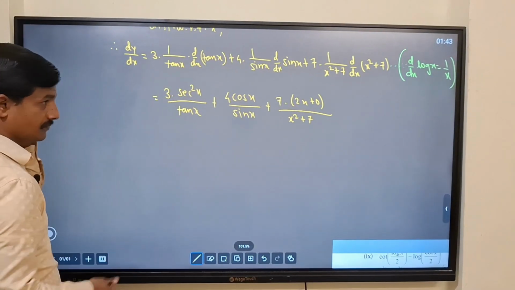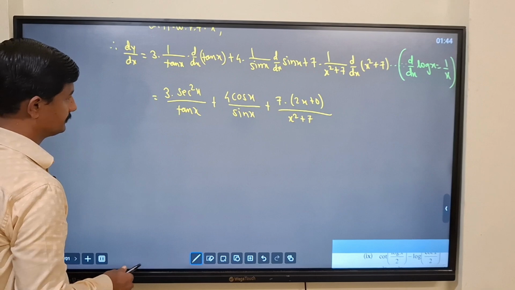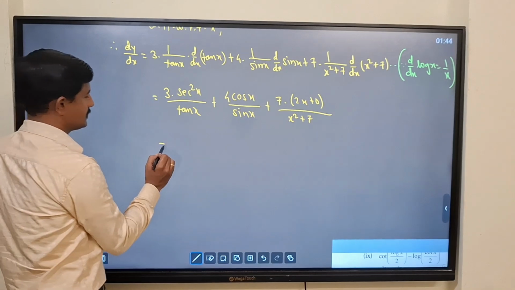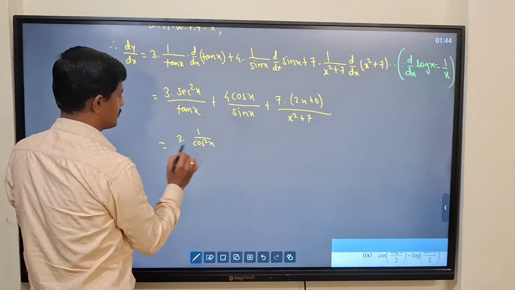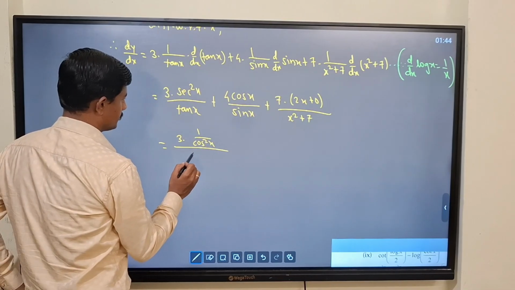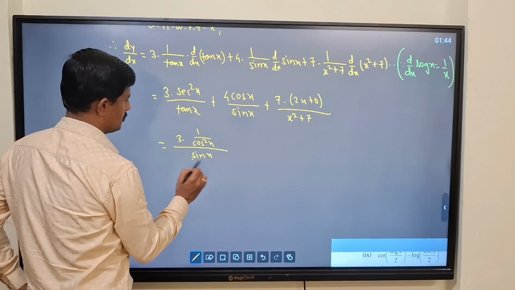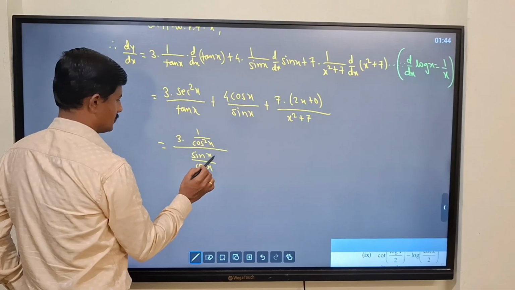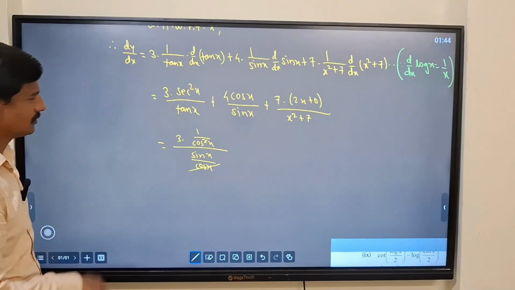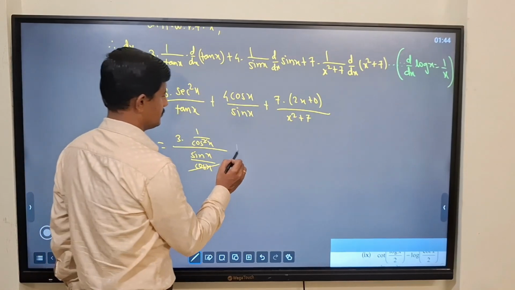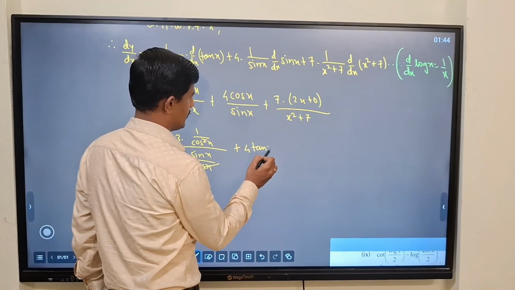So if you want to simplify more, this will become 3 into 1 upon cos square x upon sin x upon cos x. So this cos x cancels with 1 cos x. This becomes 4 tan x.